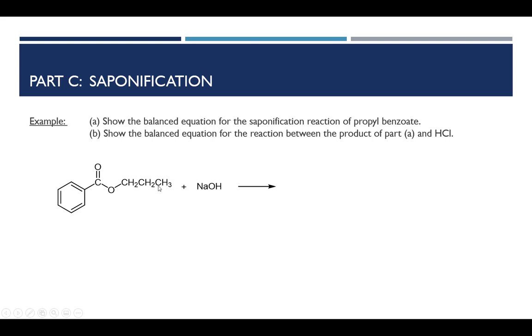So I'm showing here propyl benzoate. Here's our propyl group, and benzoate means it comes from benzoic acid. I'm adding sodium hydroxide to this. So imagine, if you will, we're just going to switch this group right here and the sodium, which is technically a sodium ion, a positively charged ion, a cation.